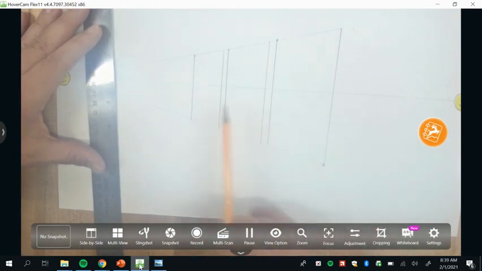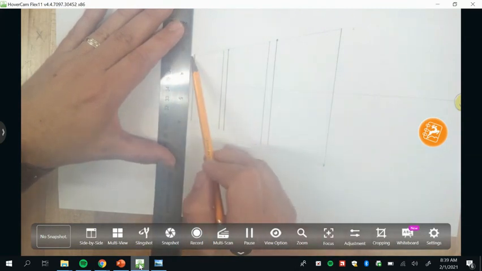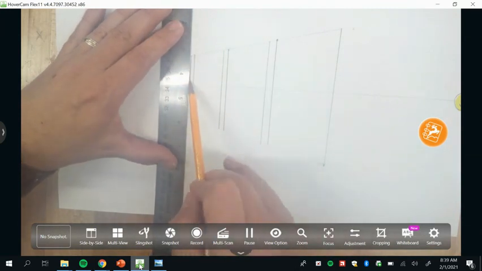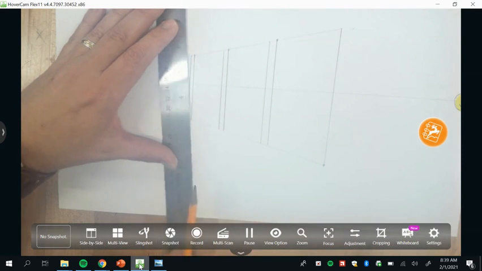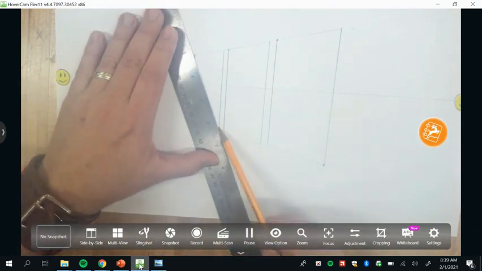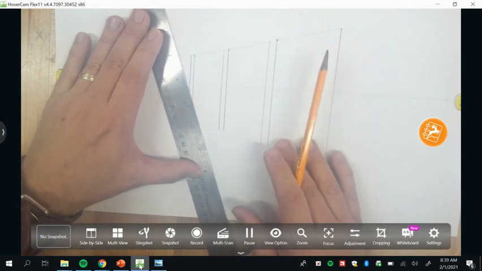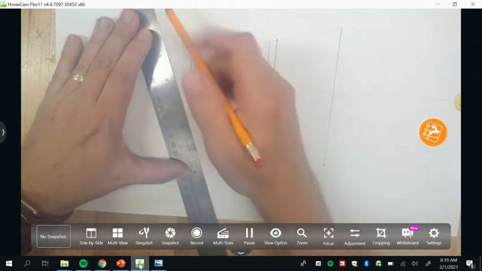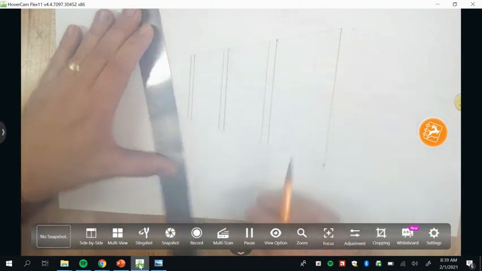All right. So I have the last 3 letters of my word. So I'm going to do another space between letters. And then I'll measure that angle. All right, so I have the angle, and I'm going to slide my ruler right over here and make that.